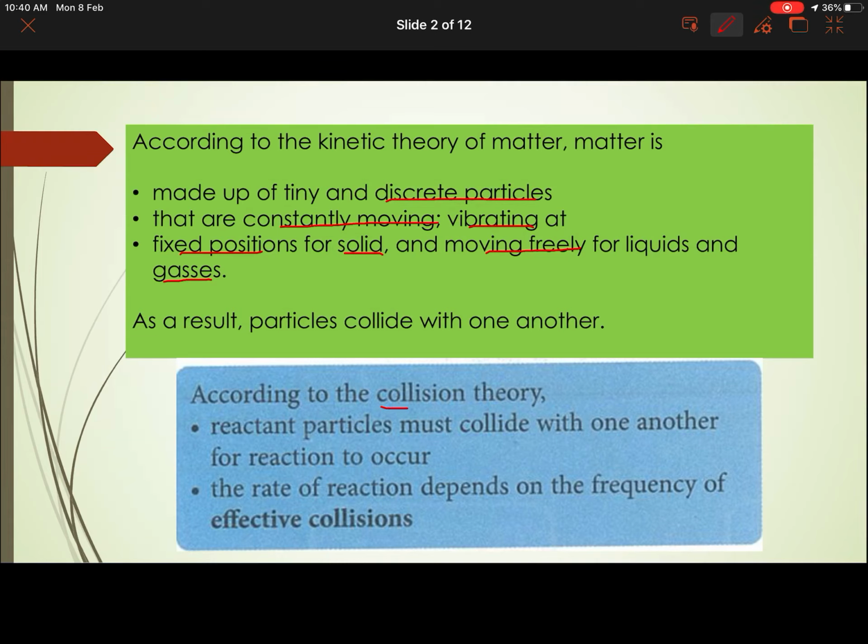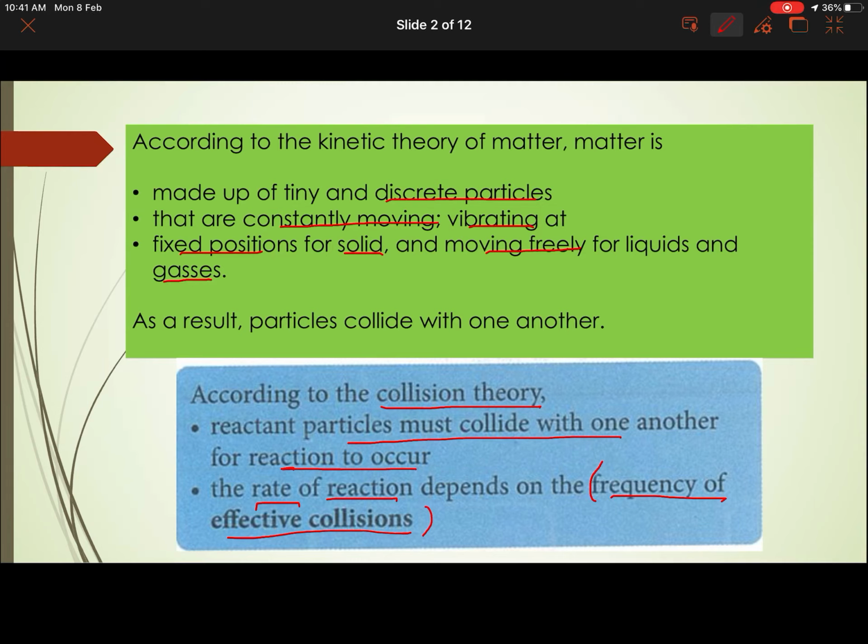According to the collision theory, reactant particles must collide with one another for reaction to occur. So for reaction to occur, the first condition is particles must collide, and the second is that the rate of reaction depends on the frequency of effective collision.